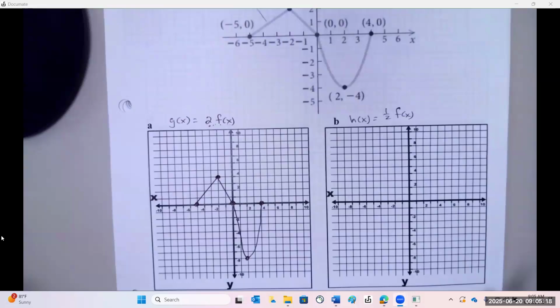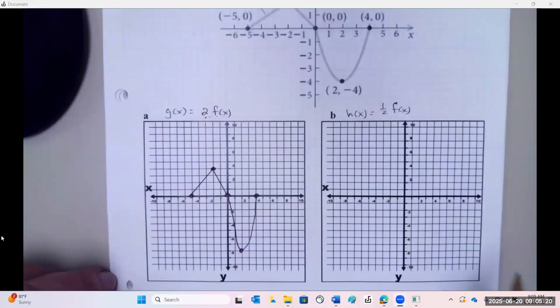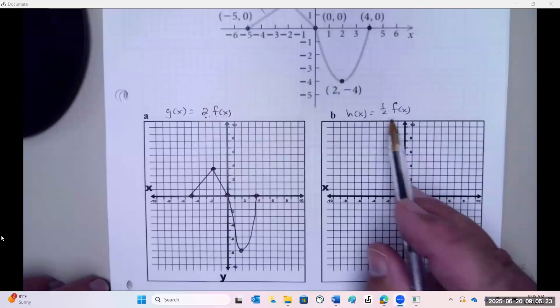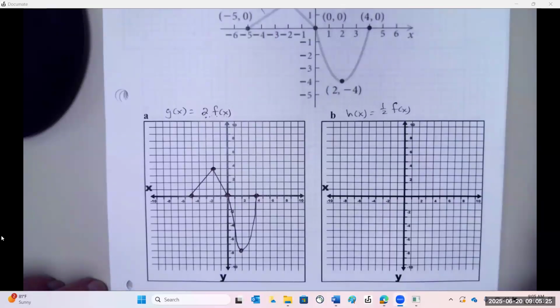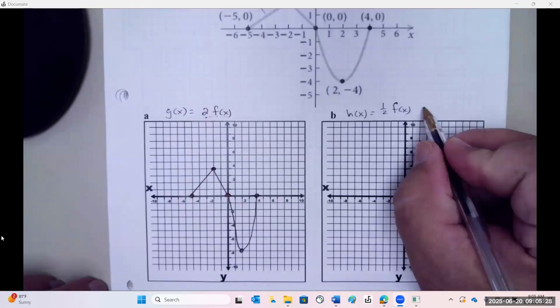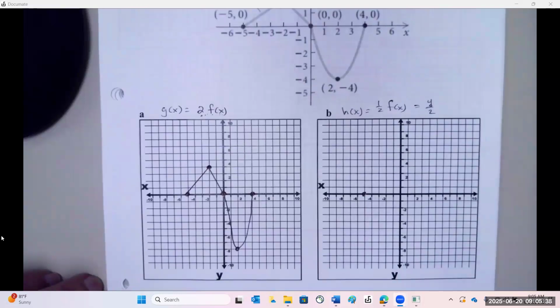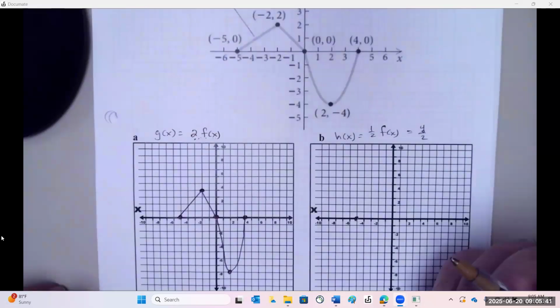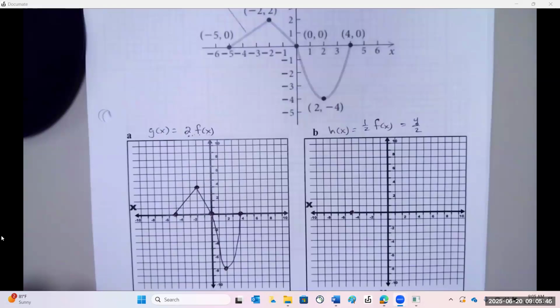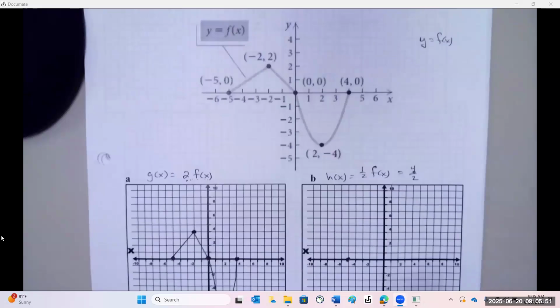And what happens to the next one at B? This is the same thing as take the y values and divide by 2. So at negative 5, 0, it stays at negative 5, 0. At negative 2, 2, it becomes, take the y value divided by 2, it's 1. So at negative 2, it becomes 1.